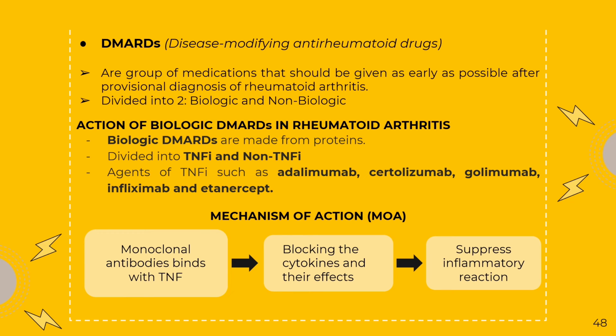Agents of these drugs include adalimumab, certolizumab, golimumab, infliximab, and etanercept. As you can see, all of these drugs end with MAB except etanercept, and we will know the difference after this. The drugs that end with MAB mean monoclonal antibody.